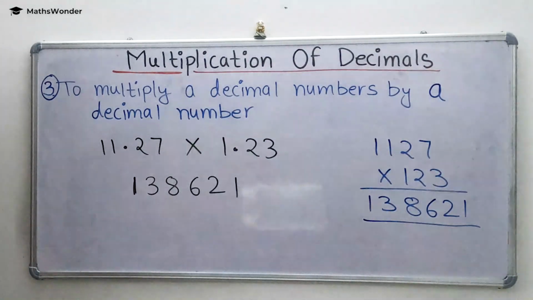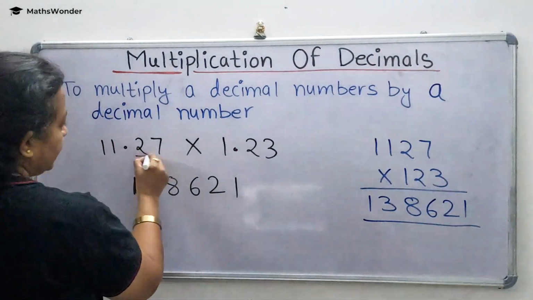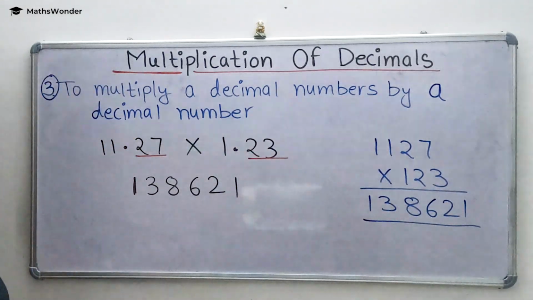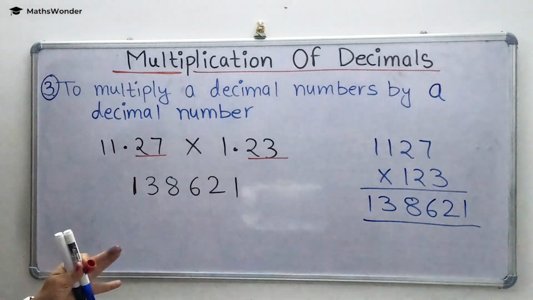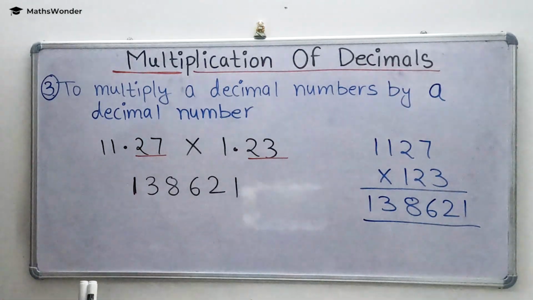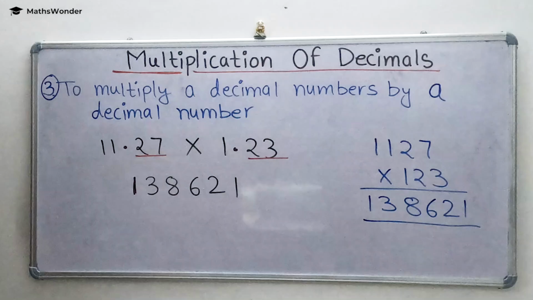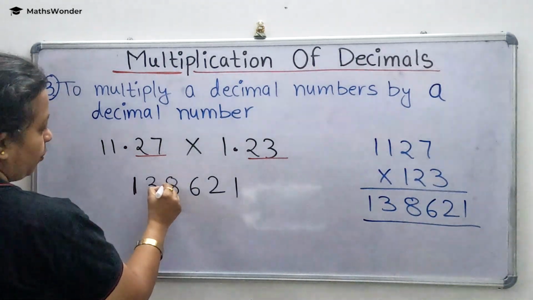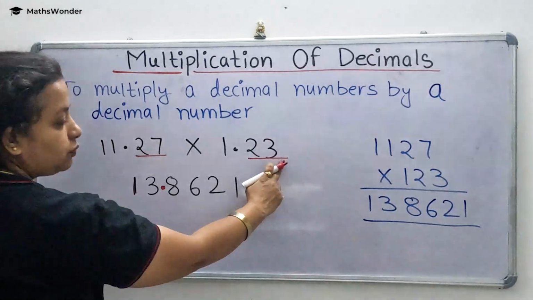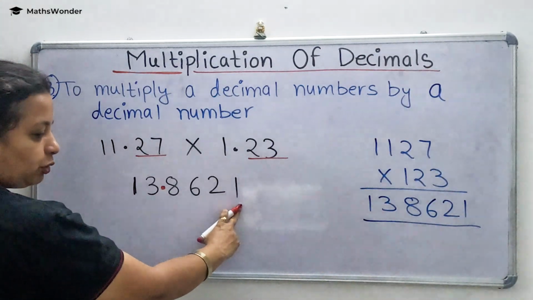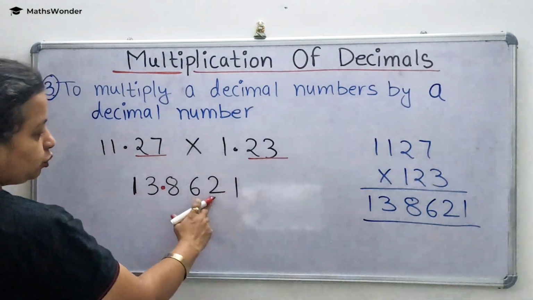Now what will you do? Count the number of decimal places in each number and add them. So here is 2, here is 2. Total 4 decimal places, right? Now start at the right of the product and count the places. 1, 2, 3, 4.